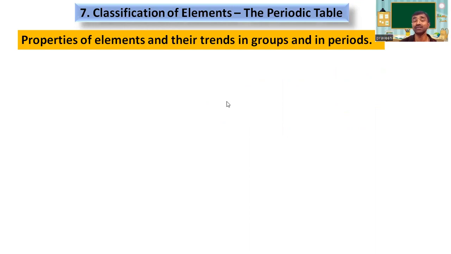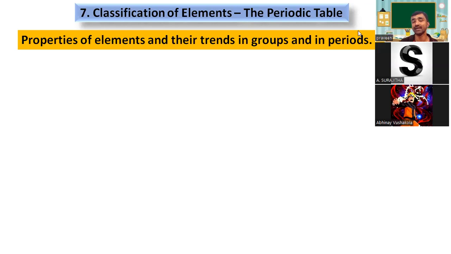Everything we consider as a property here. Those properties repeat themselves after a certain interval. That is called periodic property. The property which repeats after a certain time or interval is called periodic property. Do you have the meaning of periodic property?